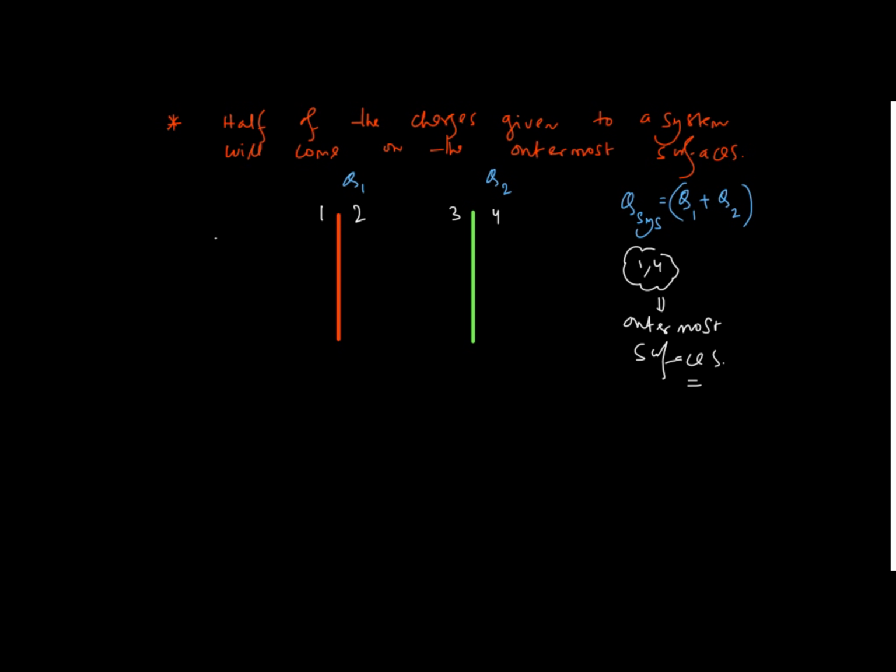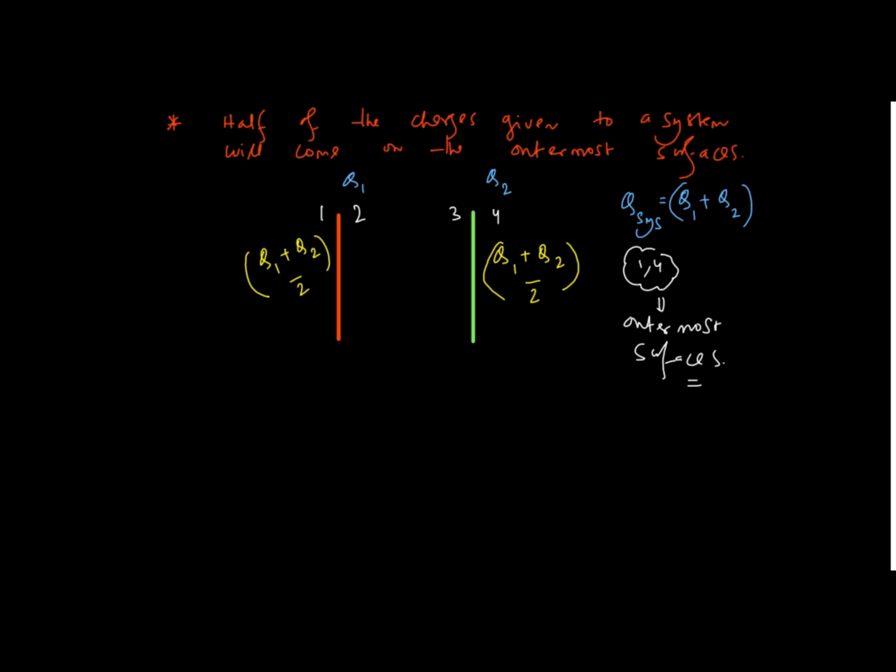In a similar way, 4 is also not facing any surface. So that's why these are outermost surfaces. As per the concept, half of the total charge, Q1 plus Q2 divided by 2, came on the outermost surface. Similarly, the same amount of charge, Q1 plus Q2 by 2, will also come here.